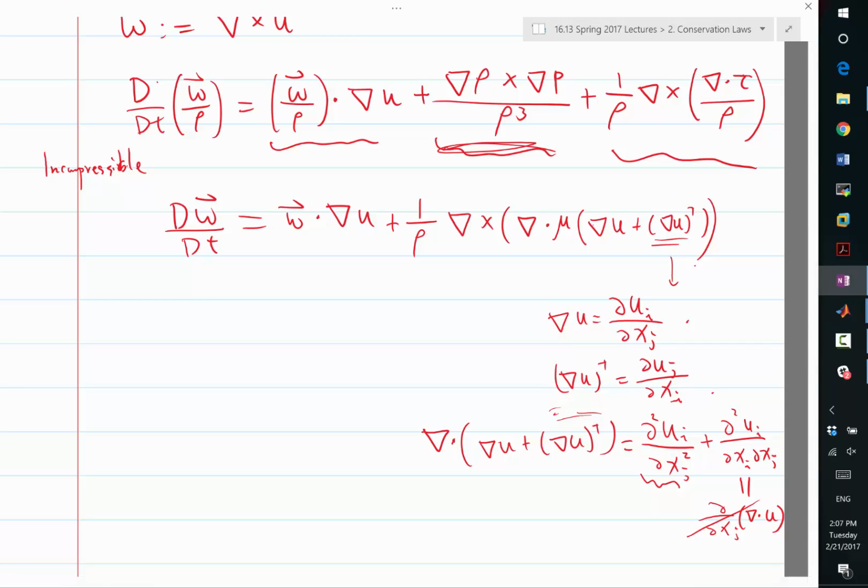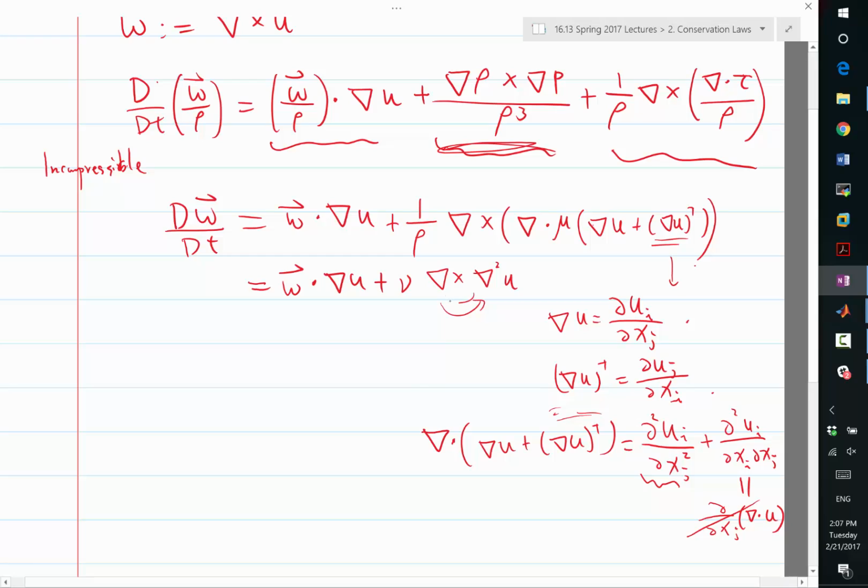Right? So if you replace this term with the simpler form of the Laplacian, what you get is still this, plus mu over rho, which is the kinematic viscosity. Let's write it like that. And we have the curl of the Laplacian of velocity.